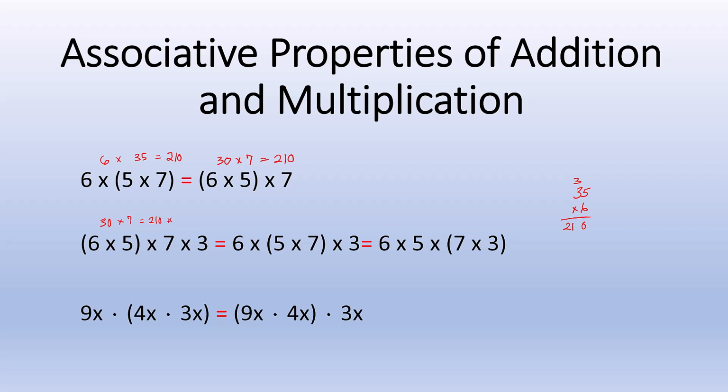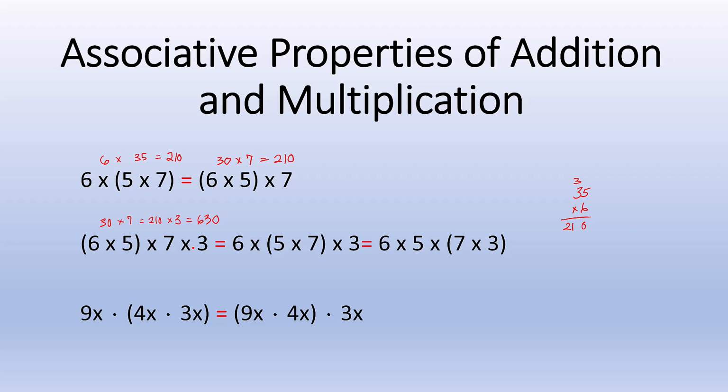But now I have to keep going and multiply that by 3. I know that 3 times 21, I could do that in my head. 3 times 21 will give me 63. And I can just add a 0 to the end. You see, by grouping it this way, I was able to do the calculations mentally.